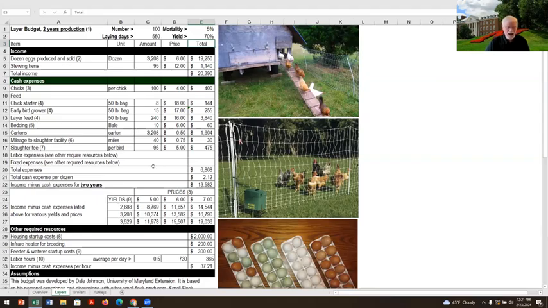Cartons. The first time I did a layer budget, I forgot to put the cartons in, and then I presented it at a workshop, and it was really embarrassing because people are saying, well, Dale, where's your cartons? And it's like, what kind of economist are you that leave out something important like that? So yeah, I got the cartons in now. At 50 cents per carton, you might get them cheaper than that.